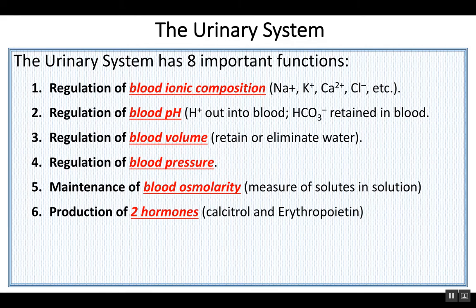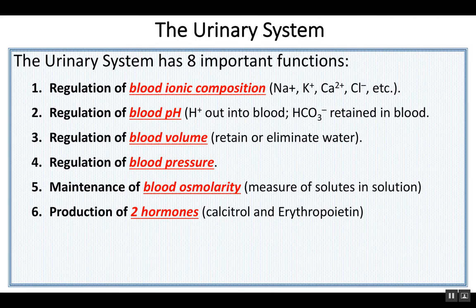Number 6, the kidneys make 2 hormones. Now they're the target of a number of hormones, which we will revisit, like antidiuretic hormone, like aldosterone, like parathyroid hormone, and angiotensin 2. So those hormones target the kidneys. They tell the kidney to do something.